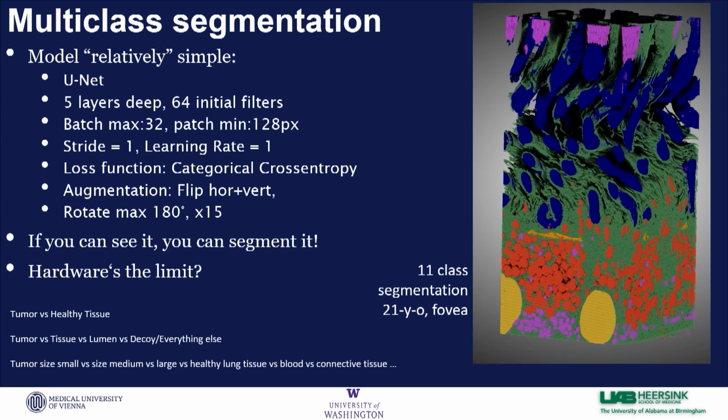I've come to learn that the model does seem to perform better if you give it a decoy or something to work with and to put things in, because if it's seeing things that it doesn't know, if it's a foreground background segmentation, for example, then sometimes it doesn't get things quite right. But if you add a third class, a decoy or something else, then suddenly the model can offload all that not super relevant data into that class. And that's something I did with this 11 class segmentation you see here.